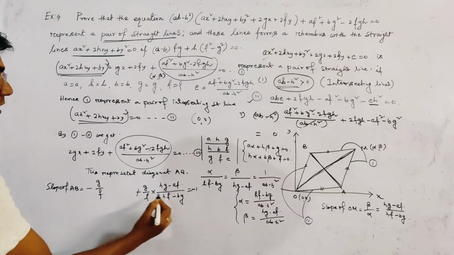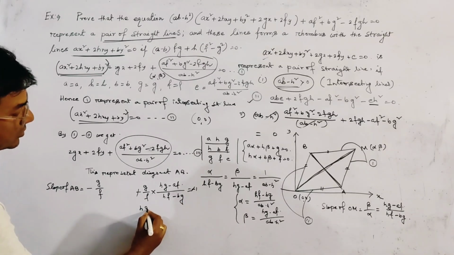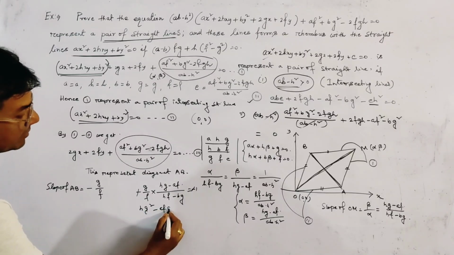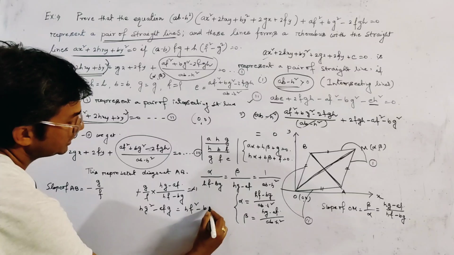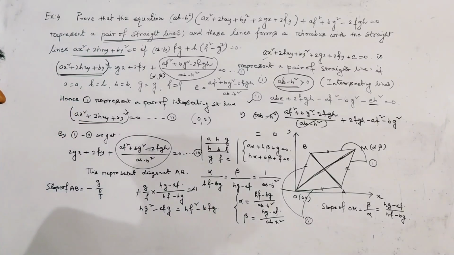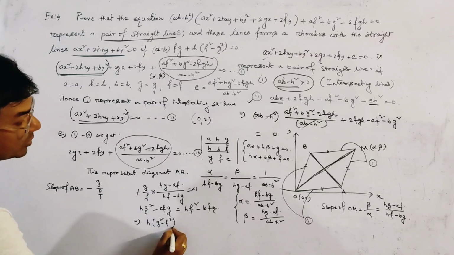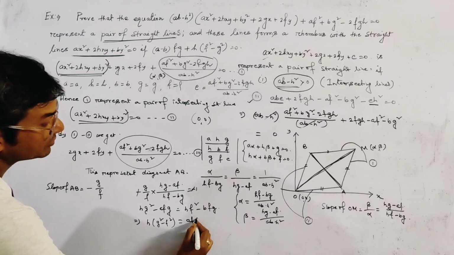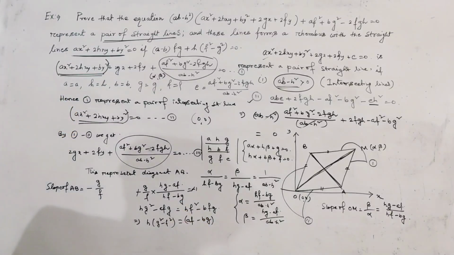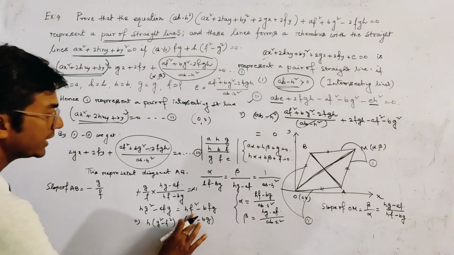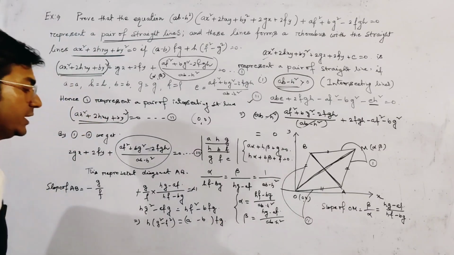Cancelling minus minus, we get h into g square minus afg equal to h into f square minus bfg, so h into g square minus f square equals a minus b into fg, taking fg common.